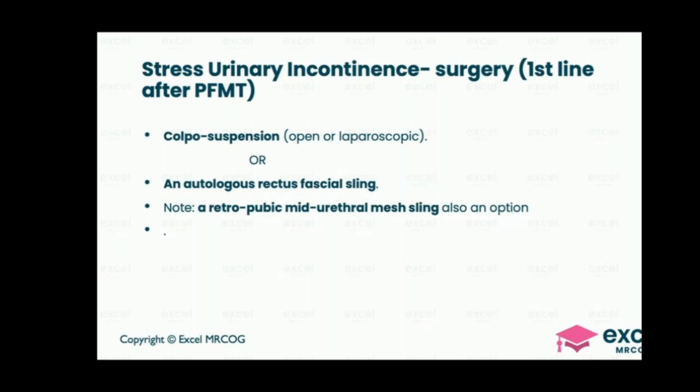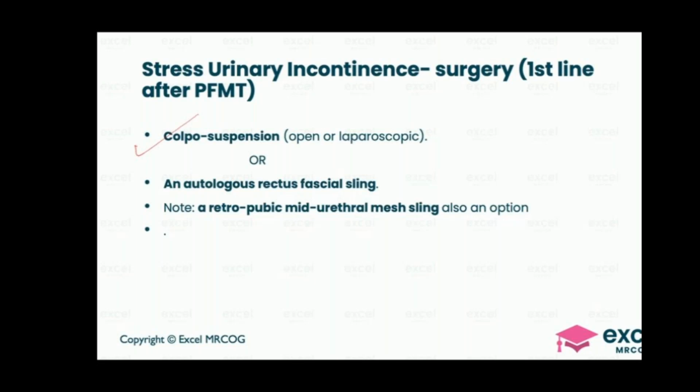Okay. So if there is stress urinary incontinence and your PFMT has not worked, then the next step in stress urinary incontinence is straight away surgery. What is preferred in stress urinary incontinence is your Colpo suspension. Okay.